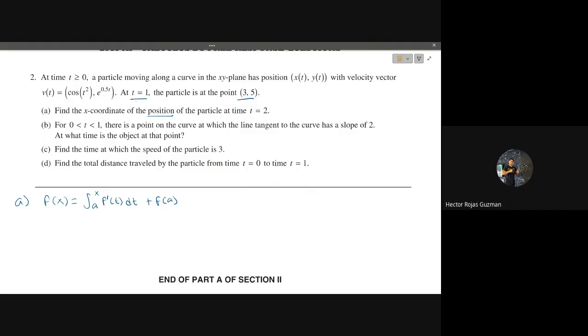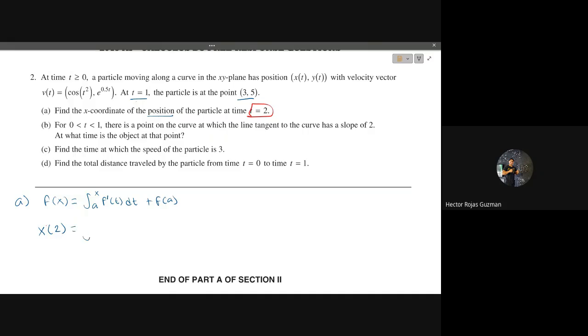So this formula, again, every time you want to evaluate the function, like here, find the position at 2, and you're given a derivative, just always go with this equation. For our purposes, we want to find the position of the x coordinate. So instead of saying f, I'm going to say x of 2, because we're looking for the position at 2.